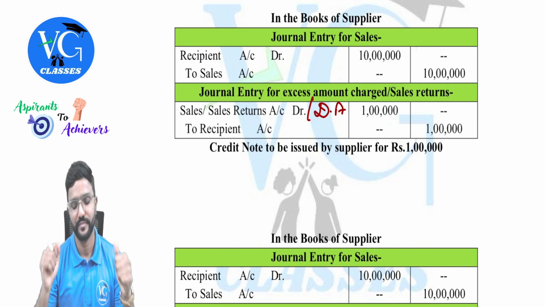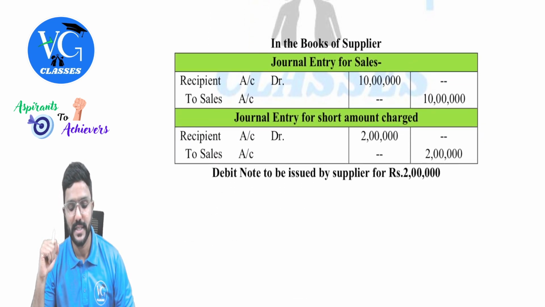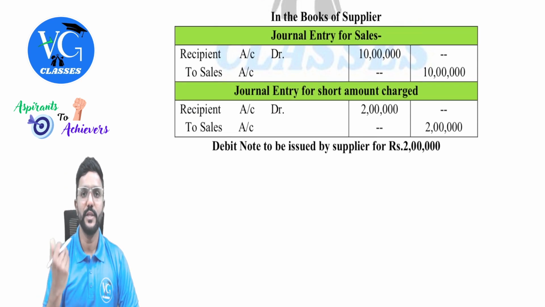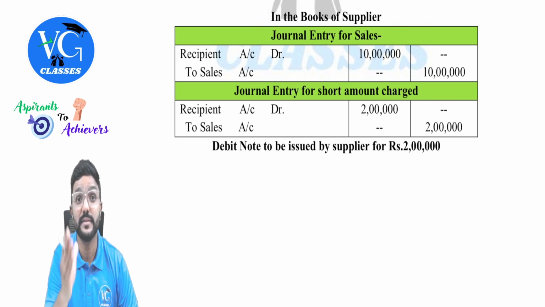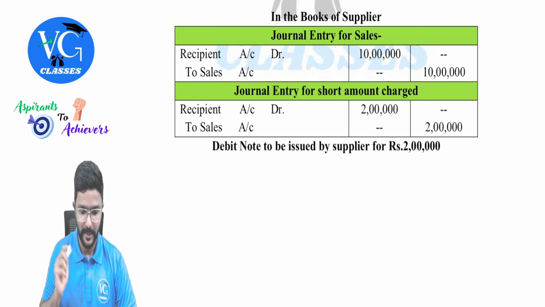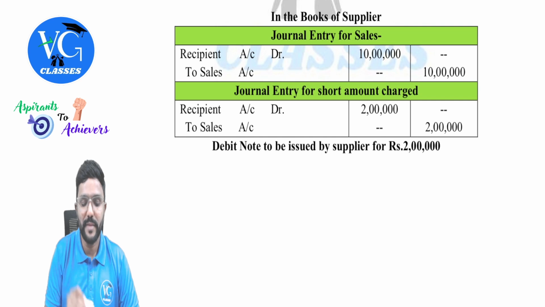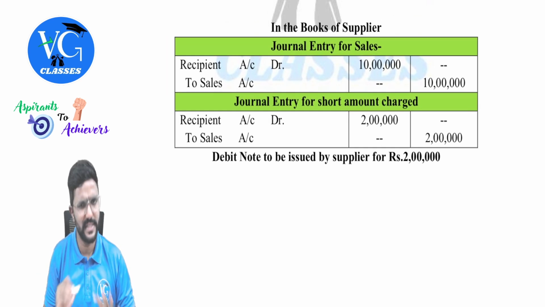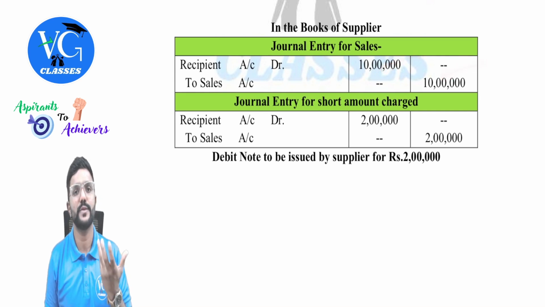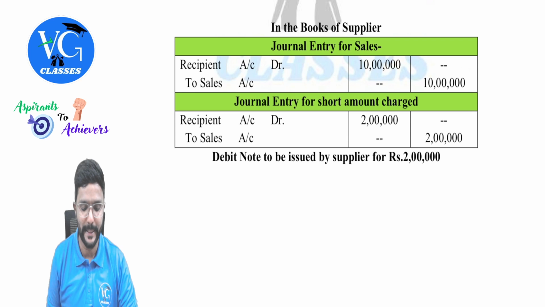Hope you understood. Same way, let us discuss debit note. Assume already in my books, that is the supplier's books, who am I? Not Vikas, supplier. Yes. So assume in my books the entry is already passed: recipient to sales, credit sales, 10 lakh. So now you are liable to pay me 10 lakh.